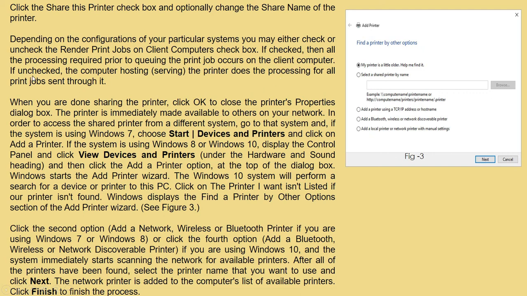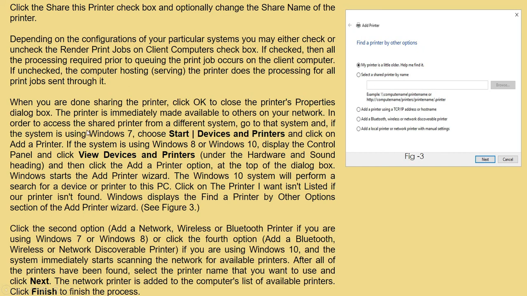If it is unchecked, the computer hosting the printer does the processing for all the print jobs sent through it. Okay, now when you are done sharing the printer, click OK to close the printer properties. The printer is immediately made available to others on your network.